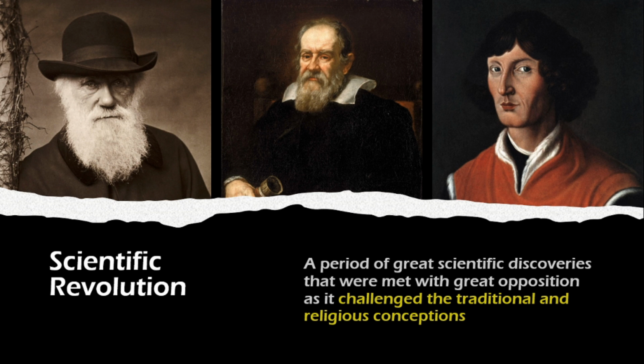The hallmark of these claims is their position to challenge the traditions handed down from generation to generation, especially those coming from authority figures such as Ptolemy, and their defiance to some of the church's teachings. Thus, these claims are labeled heretic, and thus the term revolution in Scientific Revolution.